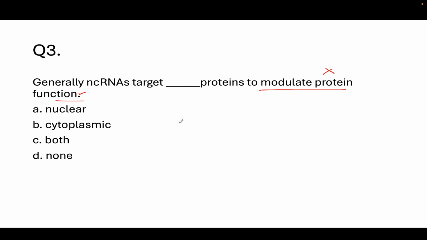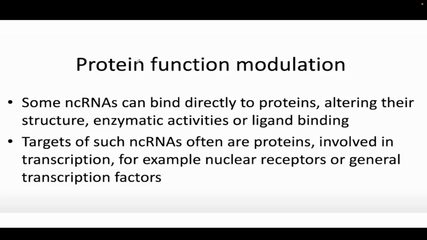For example, if I have this X protein and I want to modulate its function, then if I change the gene expression, change the code of the mRNA, then obviously the function will get changed. We don't need to interfere with anything cytoplasmic or any other things. We want to change the function, not the location or other things. So here some non-coding RNAs can bind directly to proteins.